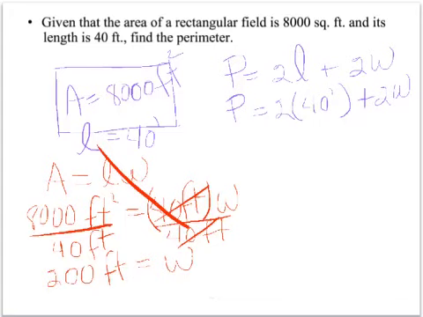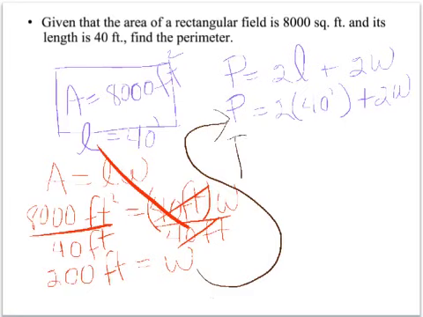Now that we have the second dimension, the width with 200 feet, we can go back to our formula for perimeter and actually substitute 200 for W. So now we can actually solve for the perimeter.